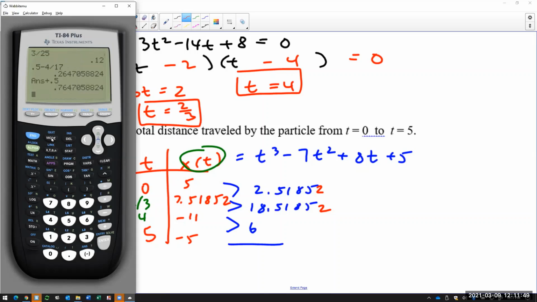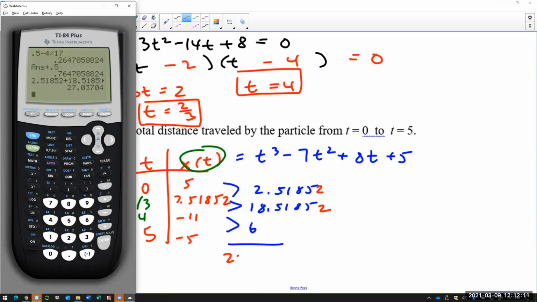Okay, go to your home screen and then add all these numbers together. So 2.51852 plus 18.51852 plus 6, enter.